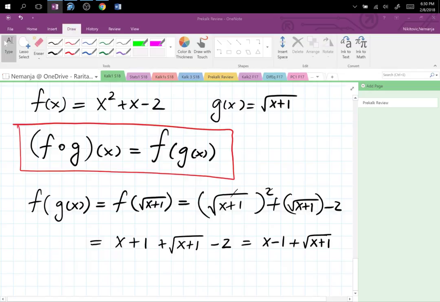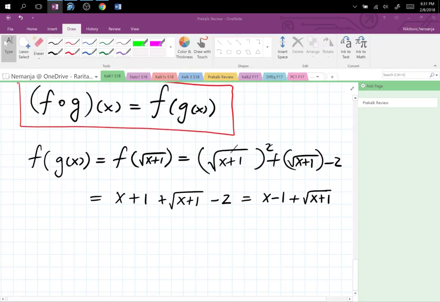So you see that we took two, if you want to call them pure functions, a radical function and a polynomial, and we combined them through function composition to obtain a completely new type of creature that we didn't have so far. And now we can talk about the specs of that newly created function in terms of domain, range, increase, decrease, and everything else that we might have to look at.